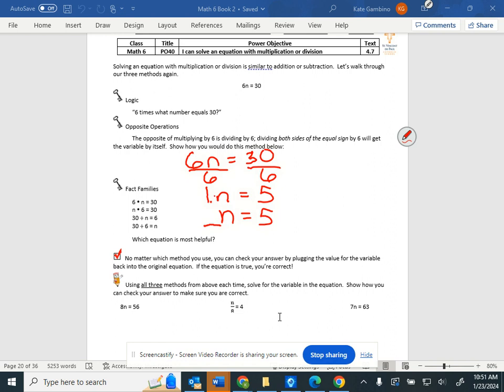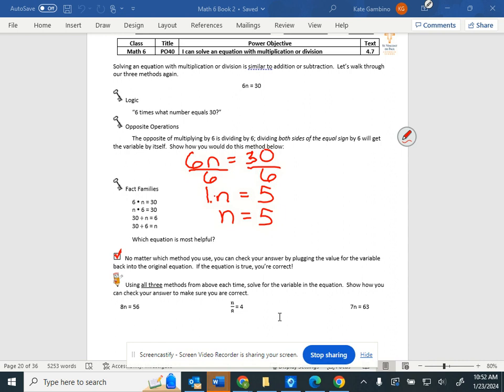Okay? We don't write the 1, we just know it's there. Just like 6n, we don't write the multiplication sign, we just know that it's there. So we want to divide by itself, so we get 1. So we can erase that 1 and just say n equals 5.